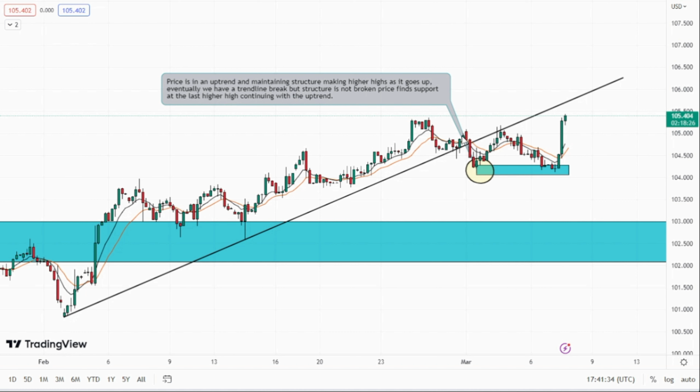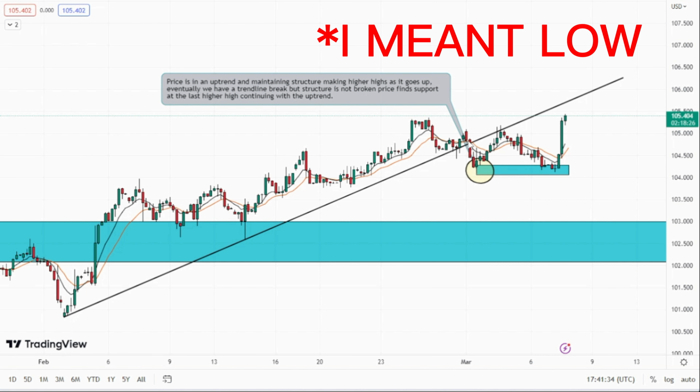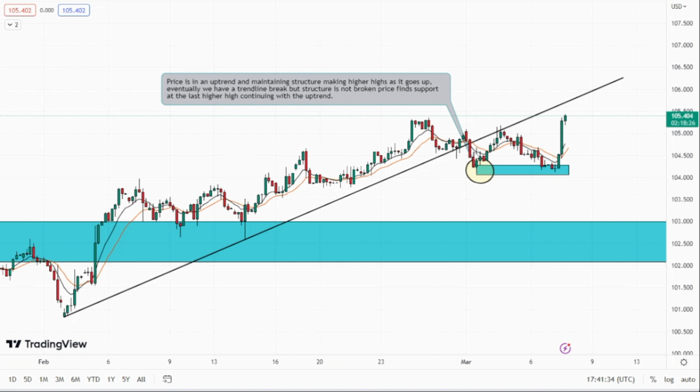So we had a trend line break here. You can see the trend line break here, and we had a retest here, but price never broke our previous high here. Here you can see it broke the trend line but never broke this previous high.